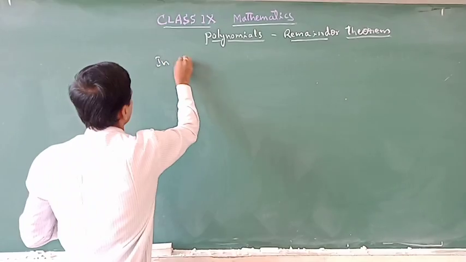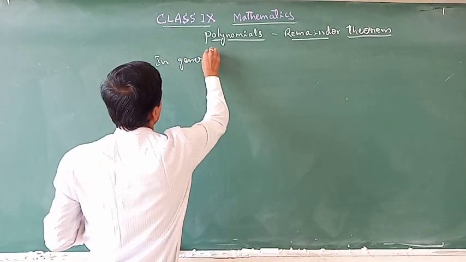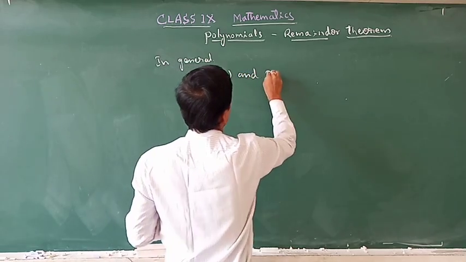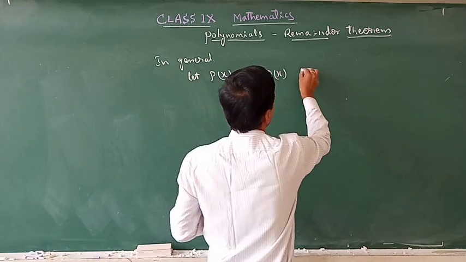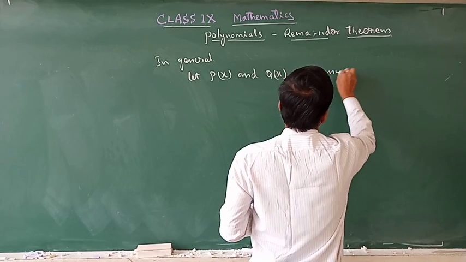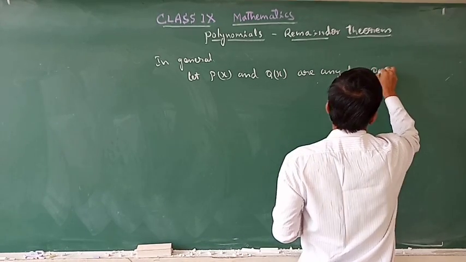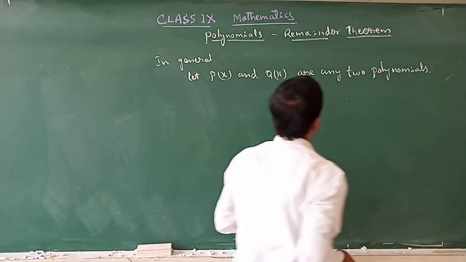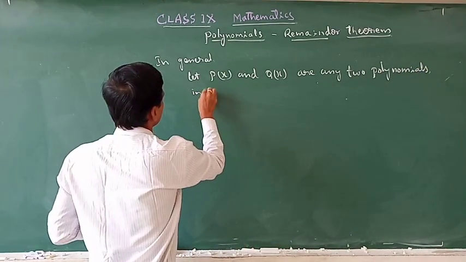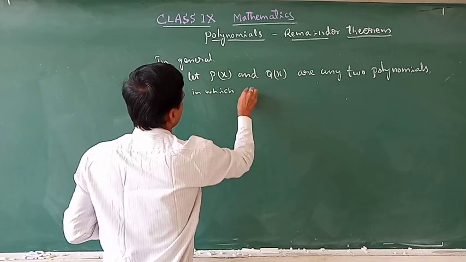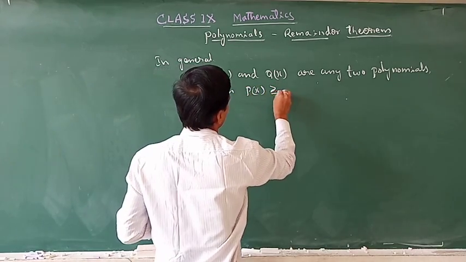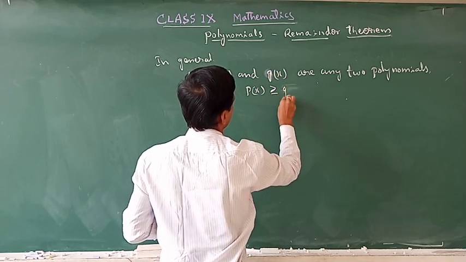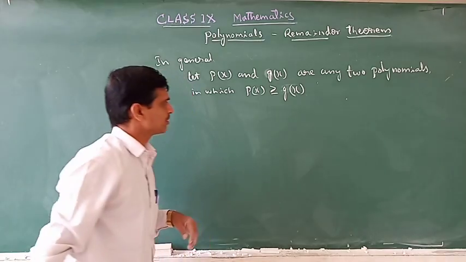In general, let p of x and g of x be any two polynomials, in which the degree of p of x is greater than or equal to that of g of x, because the same terms can be used.